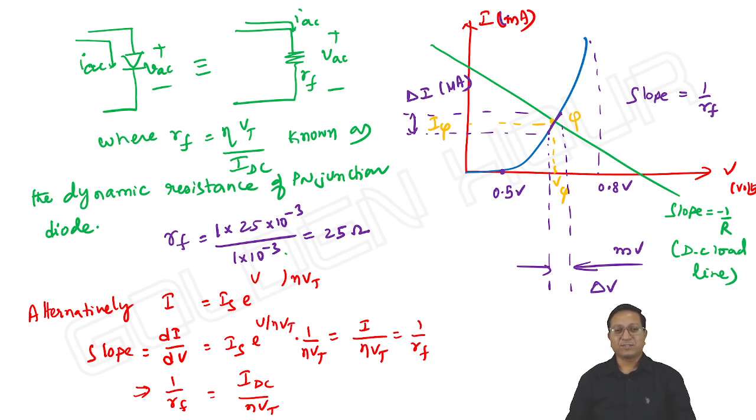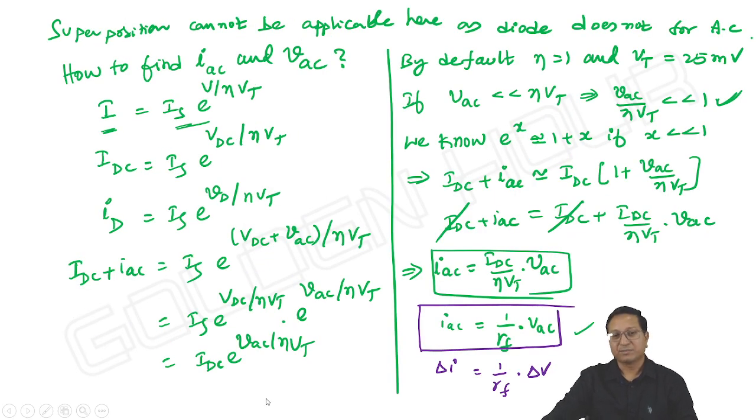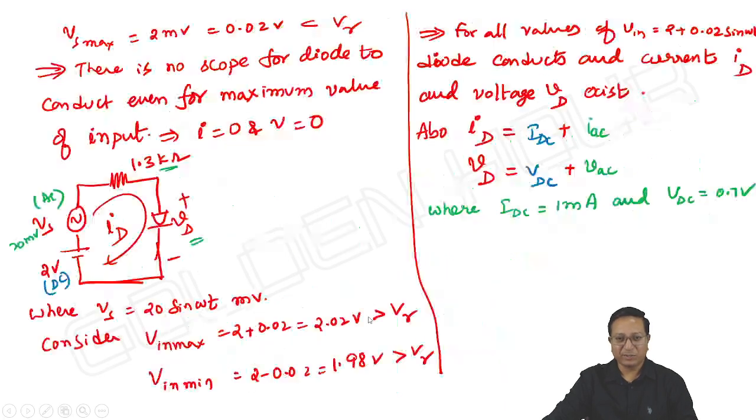Once the device is in conduction, if you apply a small millivolt signal, you can see slight variations in the voltage across the diode and the current through the diode. Those can be related by this equation: IAC is equal to 1 by rf into VAC. It is not superposition, friends. With respect to DC, as far as the diode is concerned, we write V gamma, a voltage source kind of thing.